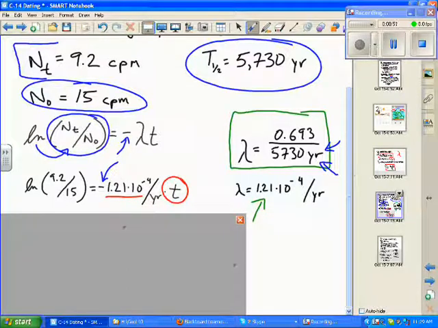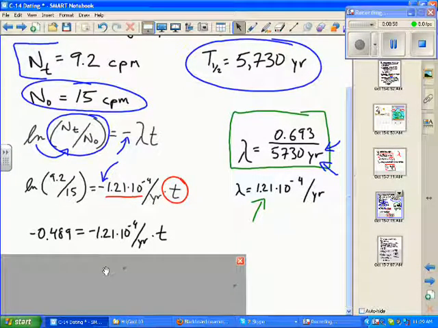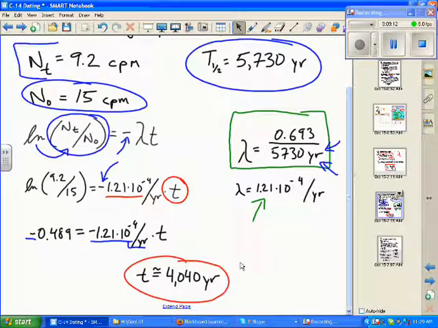And so the natural log of some value will always be negative. That's shown here. So once I calculate the natural log of 9.2 over 15, I get negative 0.489. And notice you'll be dividing by another negative until you get a positive value. And the answer in this case is a little over 4,000 years, 4,040.